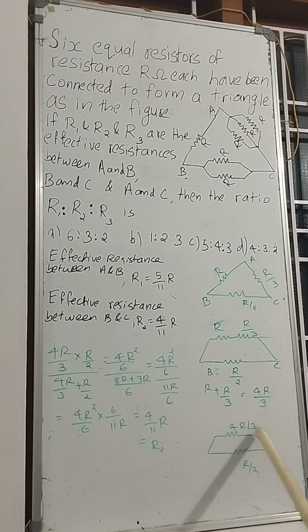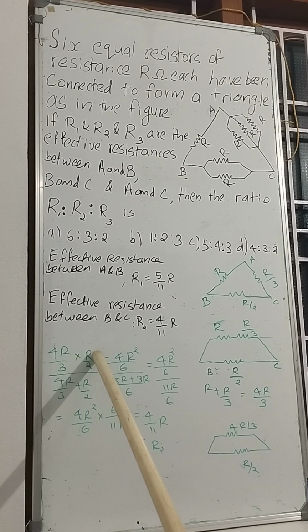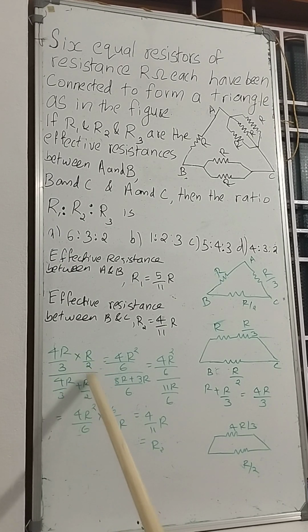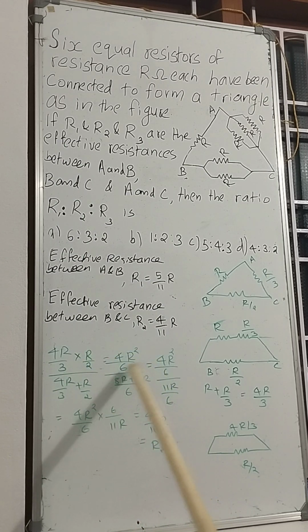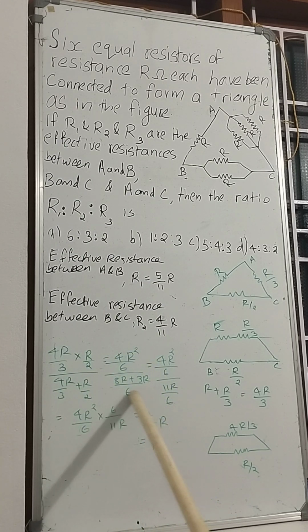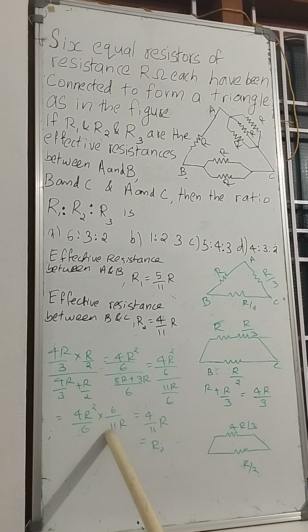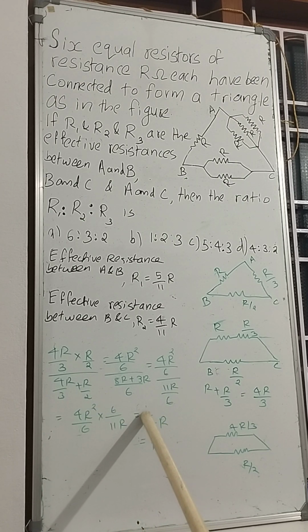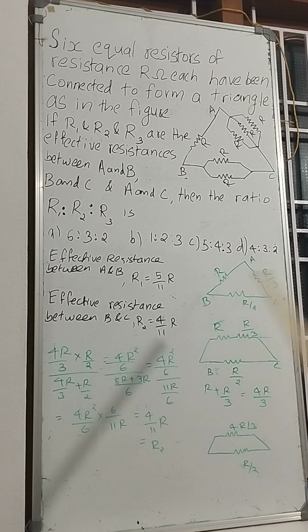Because they are in parallel, their effective resistance is the product divided by the sum: 4 R square by 6 divided by 11 R by 6, multiplying by the inverse. 6 is cancelled, 1 power of R is cancelled from the numerator, and finally we are getting it as 4 by 11 into R, that is R2. So R2 is expressed as 4 by 11 into R.